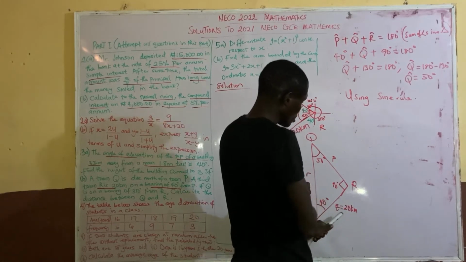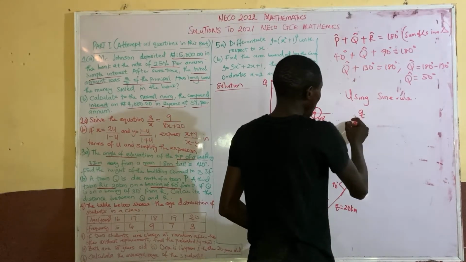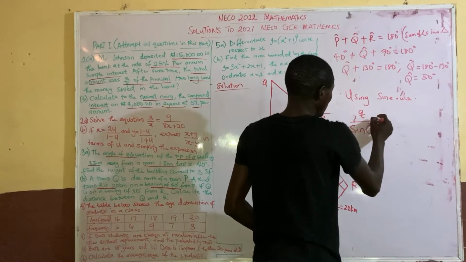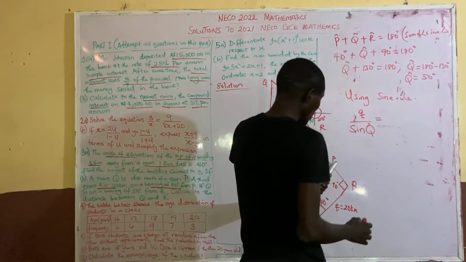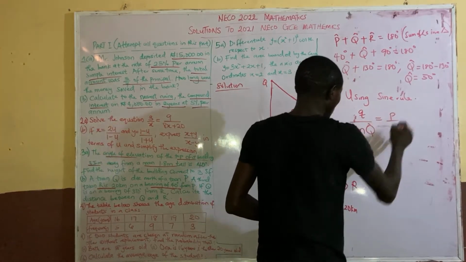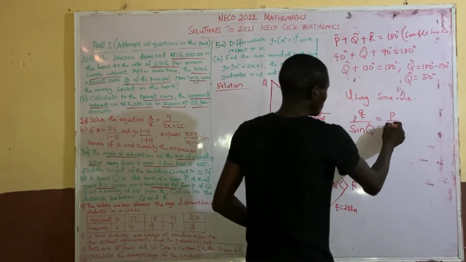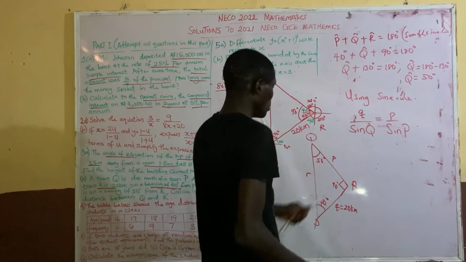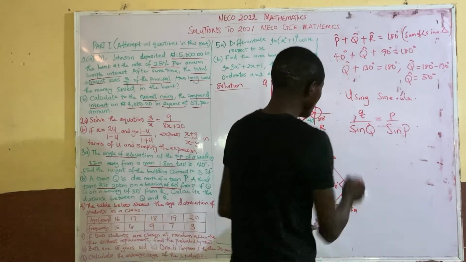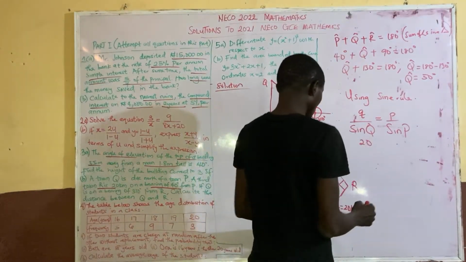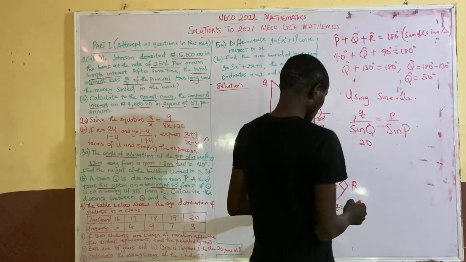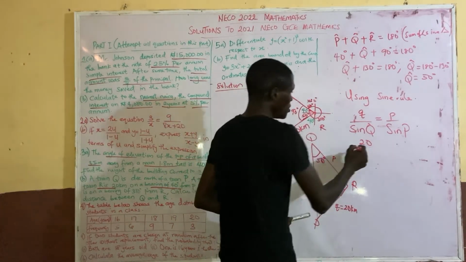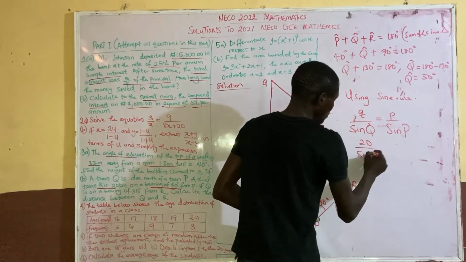So we have Q over sine Q equals P that we are looking for over sine P. So what's our Q? Our Q is 20 over sine 50 degrees.